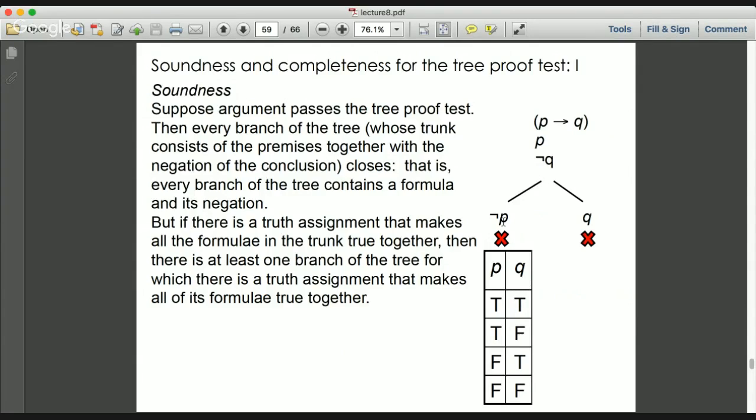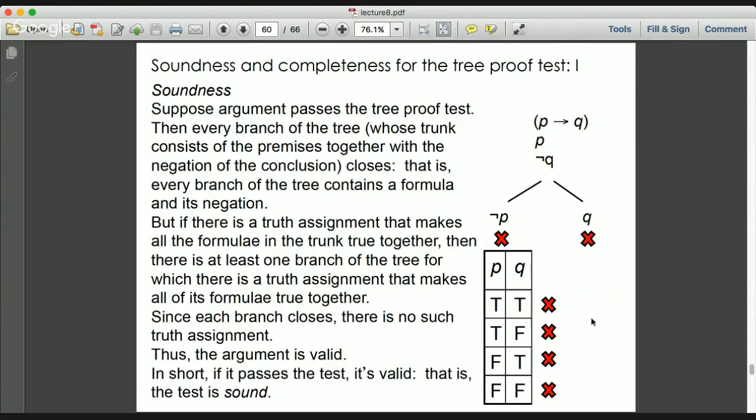But there is no truth assignment that matches this branch, because the truth assignments just have true and false and never overlap with one another. Aha, I see it. It just clicked. Because this has got P and not P, there's not going to be a truth assignment that has both T and F under P. Right? So since each branch closes, there is no truth assignment that corresponds with it.